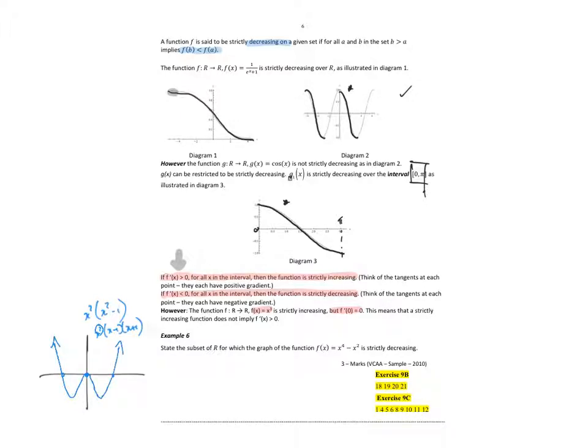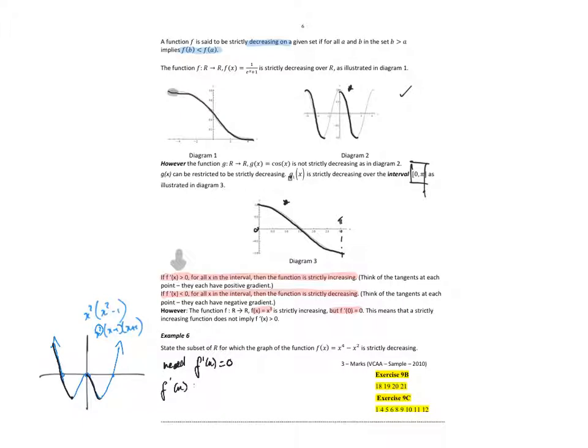Now, whereabouts is that function decreasing? It's decreasing there until we get to that point. It's decreasing there from that point to that point. So in reality, we need the turning points. What are the turning points? We need f dashed of x equal to 0.